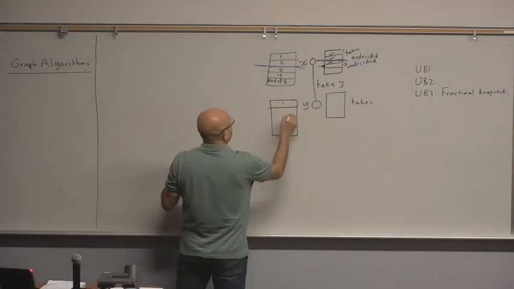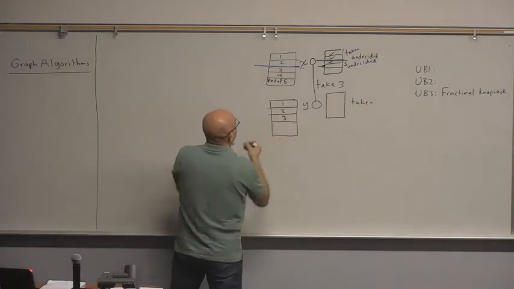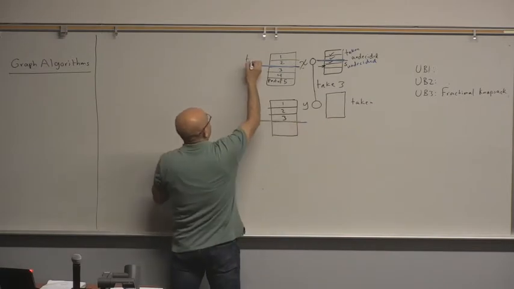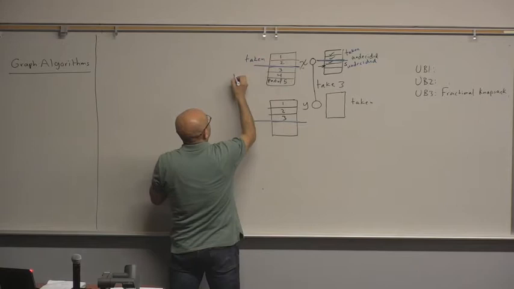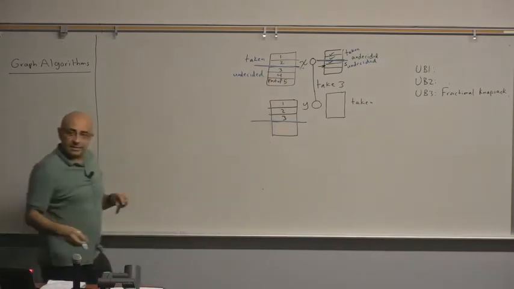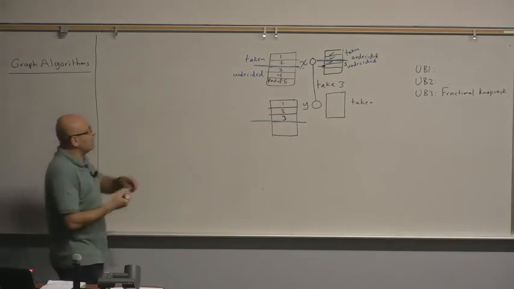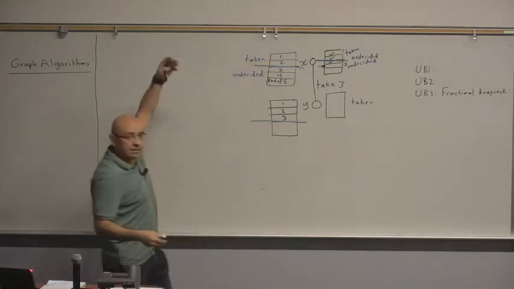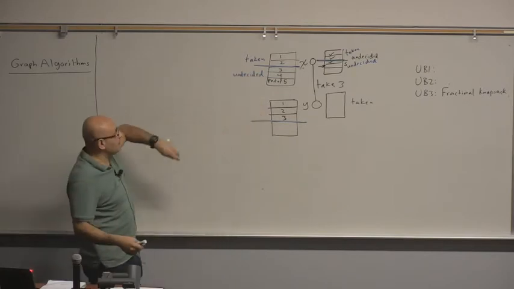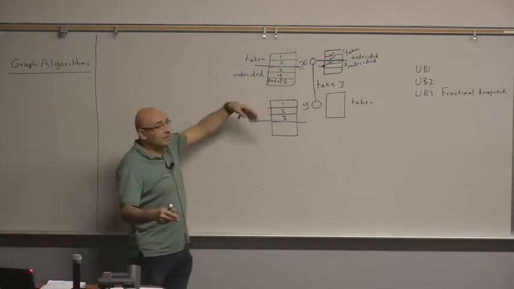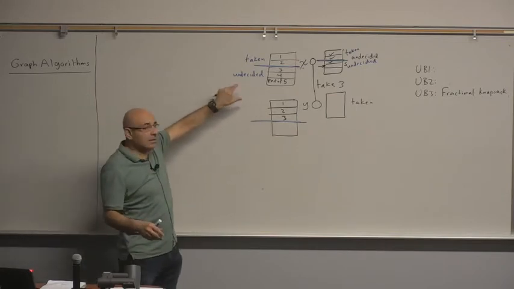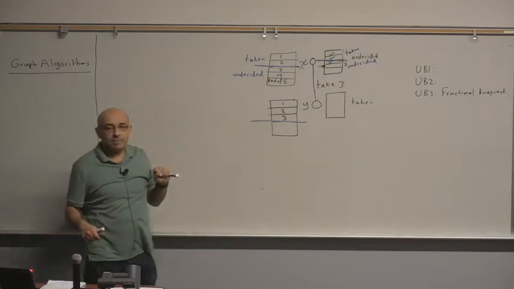So you'll get 1, 2, 3 taken, and the rest undecided. A fractional knapsack solution will have the taken items that you have already decided to take, plus, out of the items not yet decided, the maximum value that fits, treating the problem as a fractional knapsack problem.